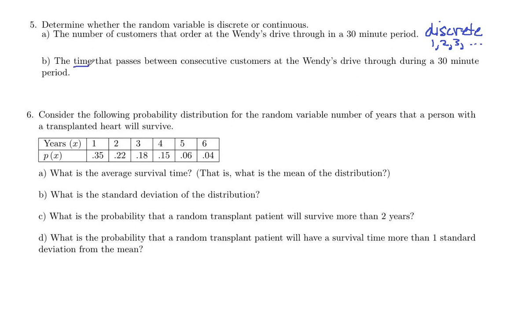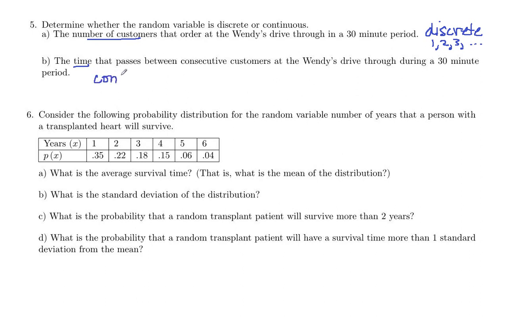The number of customers, that's discrete. Time that passes between customers during a 30-minute period. Well, if you had one customer at the beginning of the 30 minutes and one at the end, there would be 30 minutes between. Or there could be virtually almost no time between if it's backed up and it's just customer after customer after customer. So this one's actually going to be continuous.